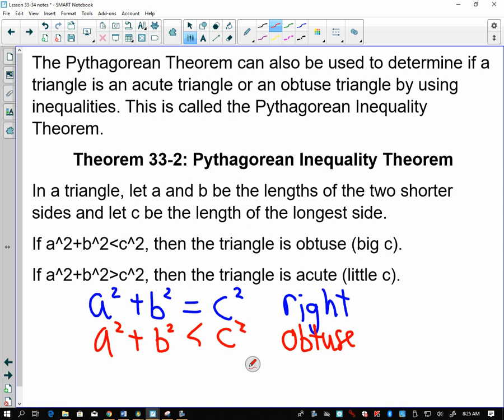And if I have a squared plus b squared, where c squared, the square of the possible hypotenuse side, is smaller than the sum of the two legs squared, it is acute. Everything is built around the hypotenuse. So if the hypotenuse side is small, it's acute. If the hypotenuse side is big, it's obtuse. If it's equal, it's right. Does that make sense? Can we remember that?